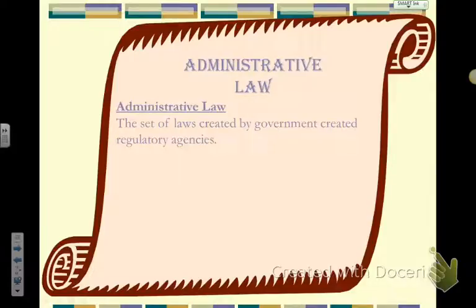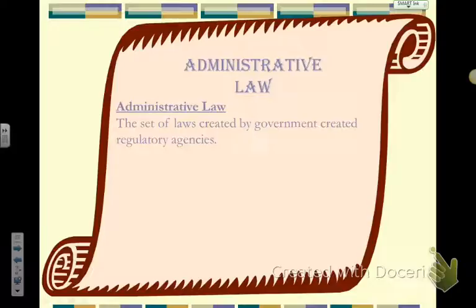Clean water, air, etc. They can only make laws in that limited area, the environment. Okay? Other agencies might be the IRS. They can only make laws relating to taxes. The Federal Trade Commission can only make laws relating to trade and business and commerce in the United States.